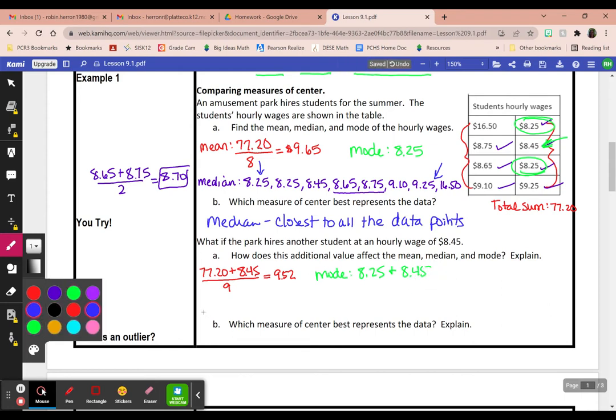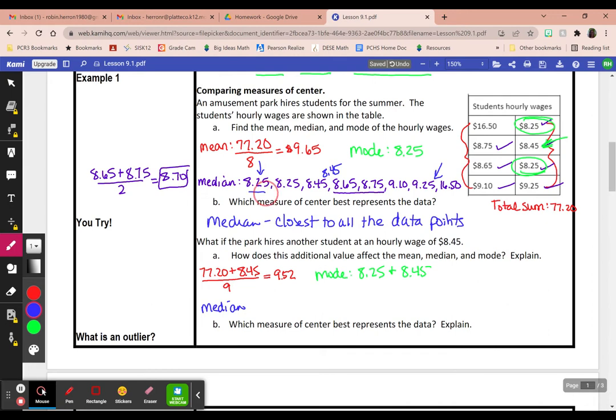And then our median, right? So if I put in 8.45, it would be here as another one that you could put in the middle, which means that it would shift all of our values by 1.